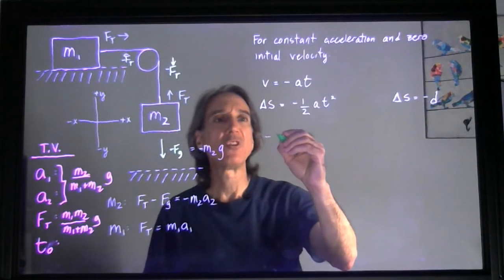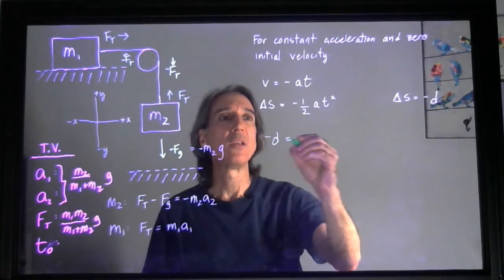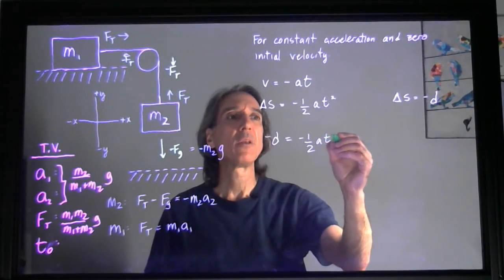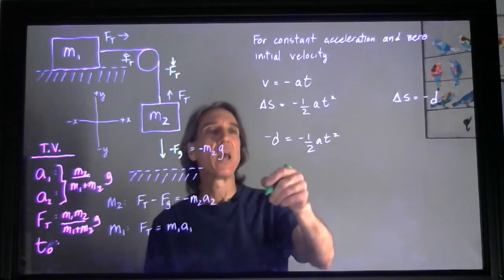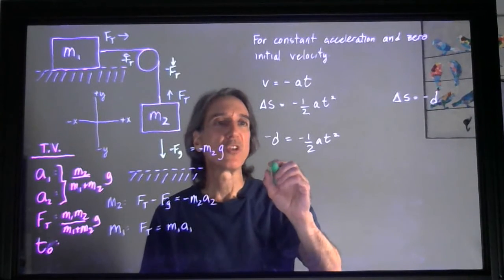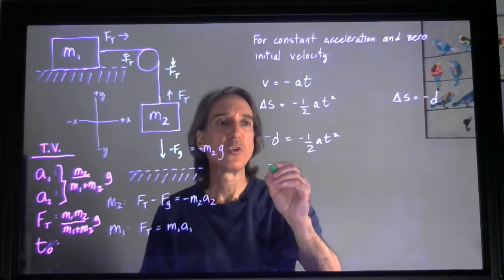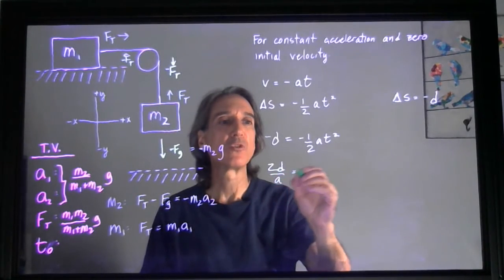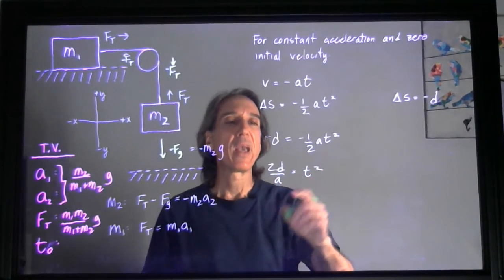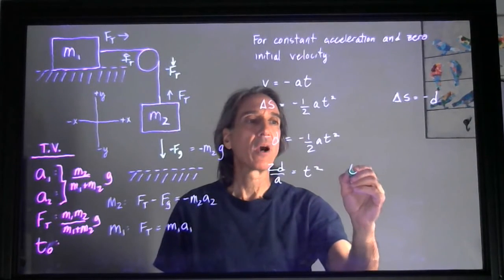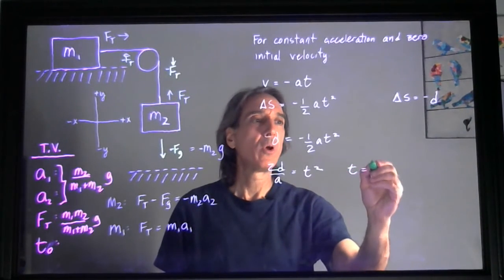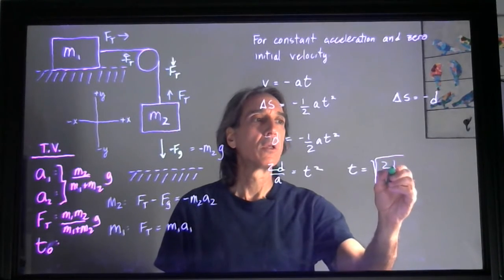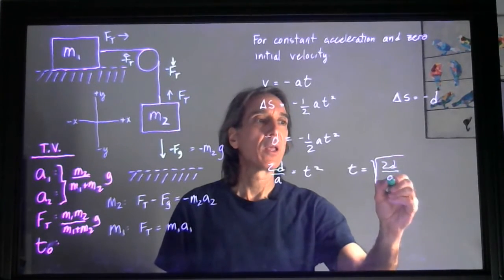So we have minus d is equal to minus 1/2 at squared. And we change things around a bit. We move the 2 up to the top. 2d divided by a is equal to t squared, and our t will be equal to the square root of 2d divided by a.